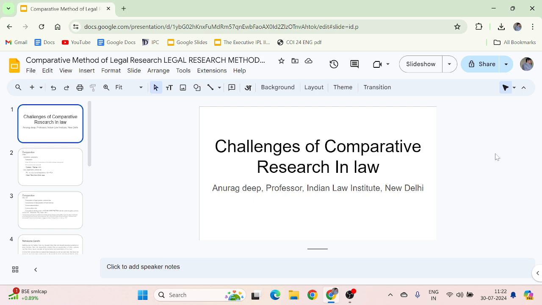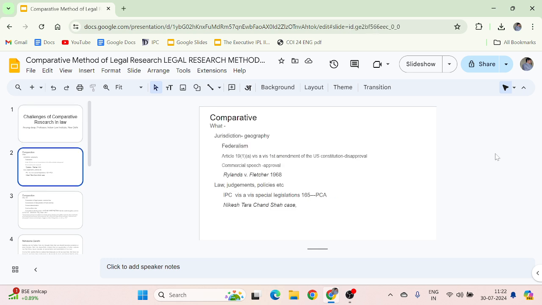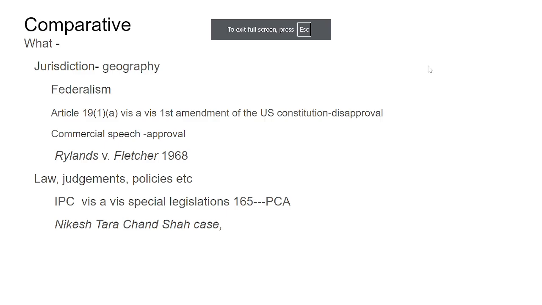Now, when we talk about comparison, so a comparative study, we mean that, okay, we compare with America, with UK, with other jurisdictions.